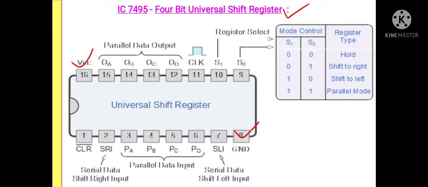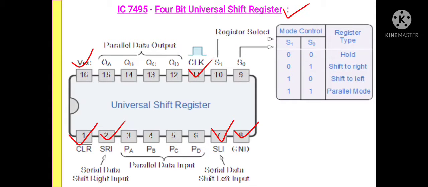Clock signal is given to pin number 11. The clear facility is provided with pin number 1. Pin number 2 is used for shifting the data towards the right side, that means data is shifted from left to right. And pin number 7 is used for shifting the data from right side towards left side.